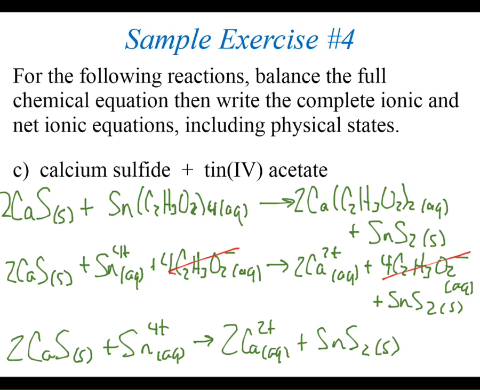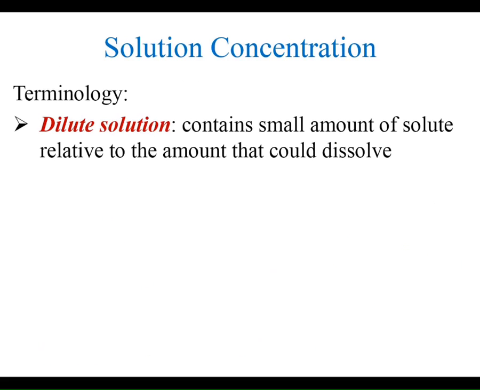Okay. Well, we're going to talk about solutions. When you have something dissolved into water, let's say calcium acetate, you might want to know how much. That amount dissolved is termed the concentration.